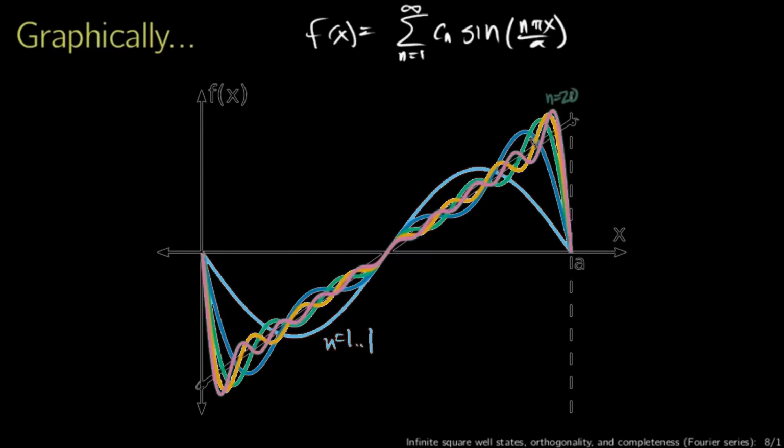So since we're requiring our purple curve here to go through 0, of course it's going to have to give up on fitting the function near the endpoints. But if you include a lot of terms in this, you can make this approximation quite good. Generally, the more terms you add, the closer you get to your function.